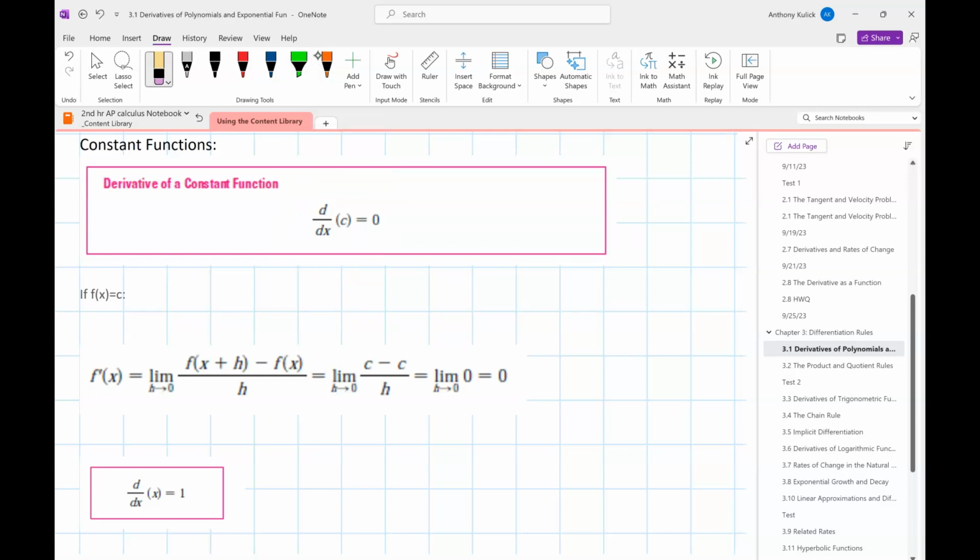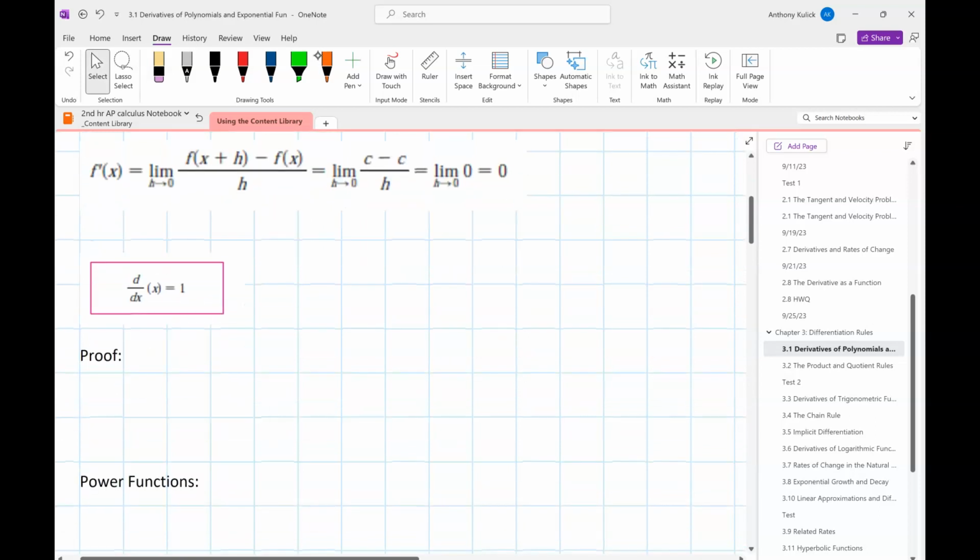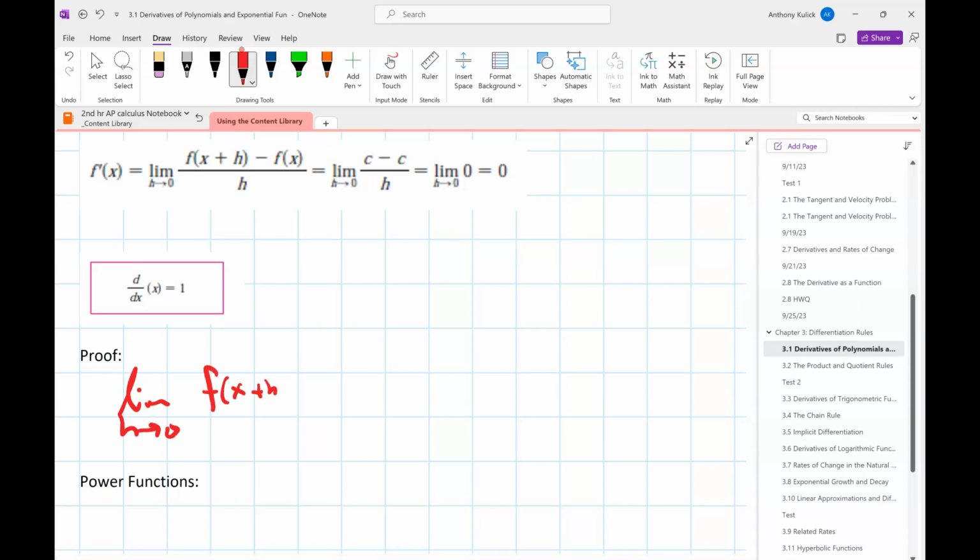Second shortcut. The derivative of x is 1. Let's prove it. How do we prove it? I do the limit formula, right?